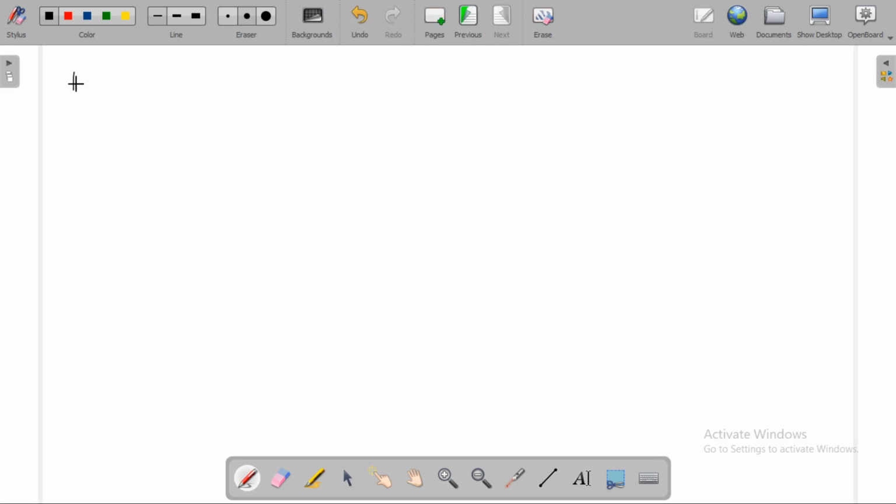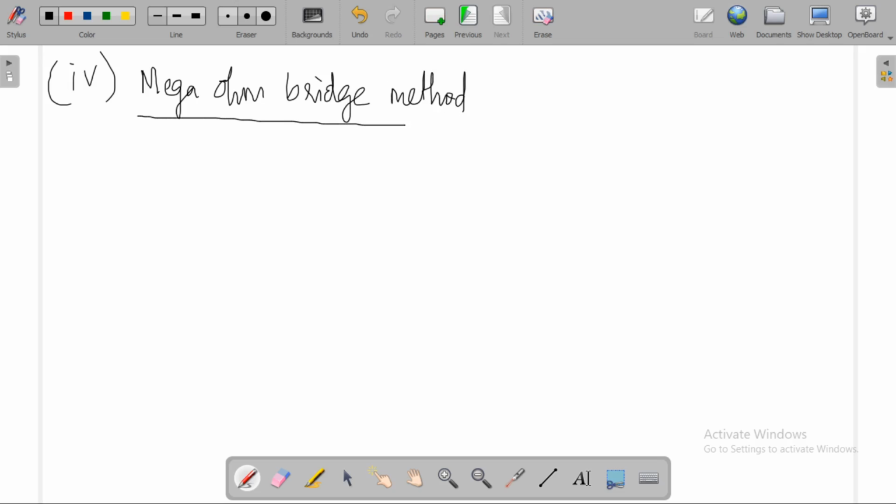Now the last one is the mega ohm bridge method. This is also not included in your syllabus. The mega ohm bridge circuit looks like this.